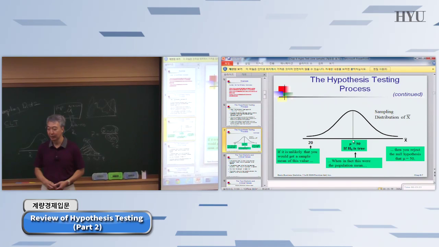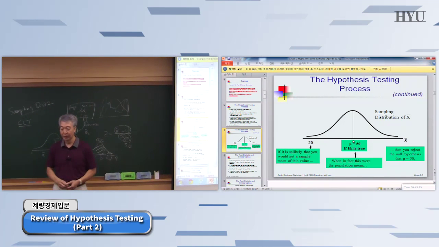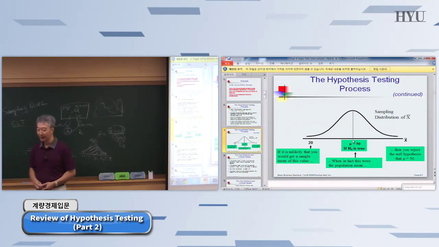In other words, if your sample does not correctly represent the population, that's a bad sample. There are many different ways you can select a bad sample, but in short, if your sample does not represent the population, that's a bad sample. So there are two possibilities here.